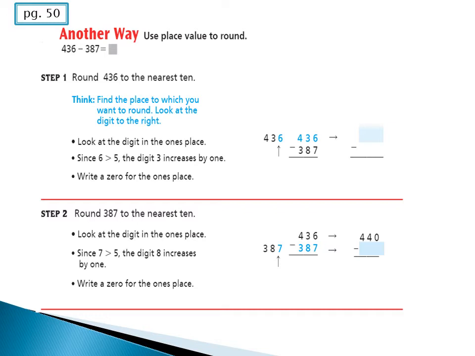Because rounding to the nearest 100 would be 400 minus 400, which would give you 0 as an estimate. Okay, now look at the digit in the ones place. Yes, it is 6. Since 6 is greater than 5, the digit 3 increases by 1. Write a 0 for the ones place. So it will be 440.